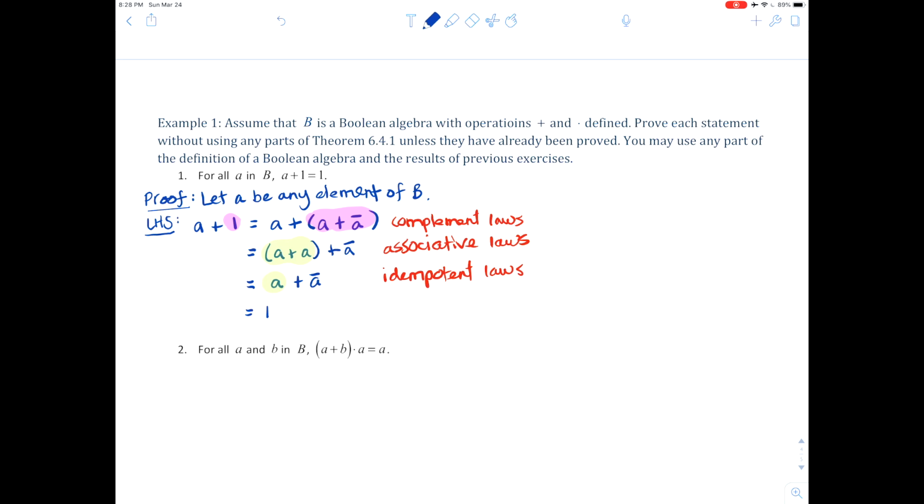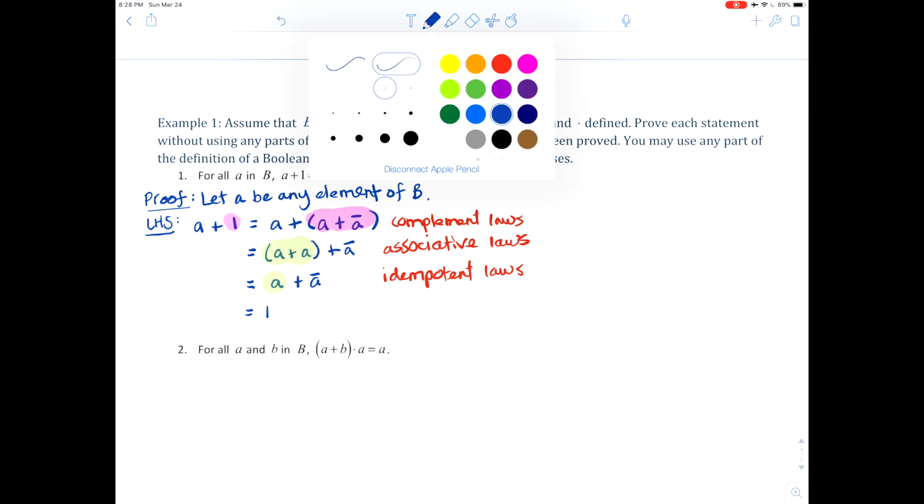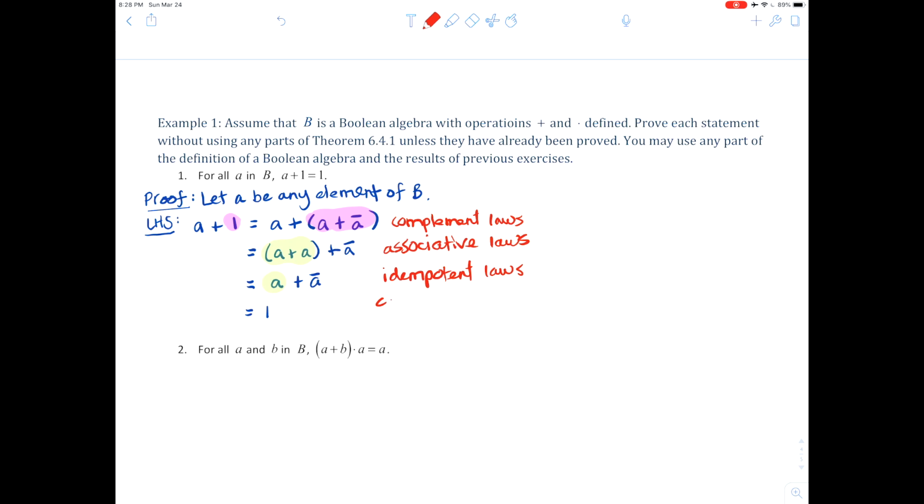And that was from complement. So we used all definitions here. Complement laws. And so A or not A was 1. Cool? All right. Very good.